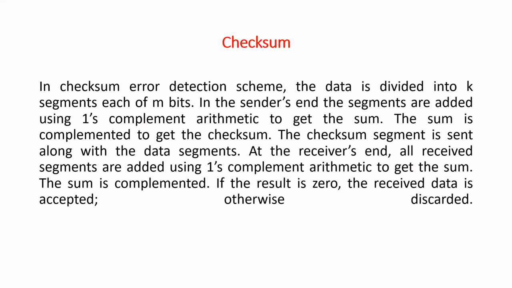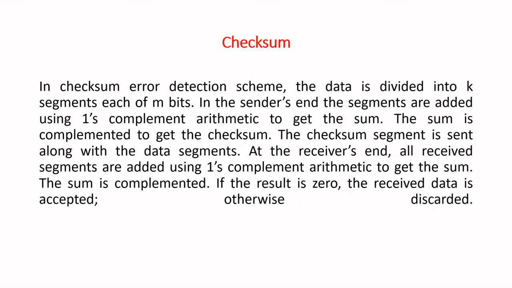At the sender's end the segments are added using 1's complement arithmetic to get the sum, and this sum is complemented to get the checksum. The checksum segment is sent along with the data, and at the receiver's end all the received segments are added using 1's complement arithmetic to get the sum. Again the sum is complemented. If the result is 0, the received data is accepted, otherwise discarded.